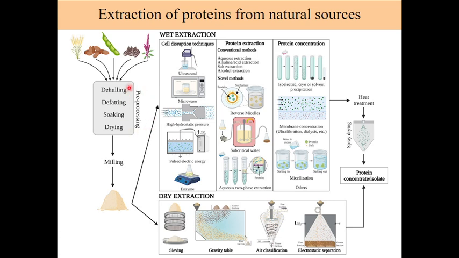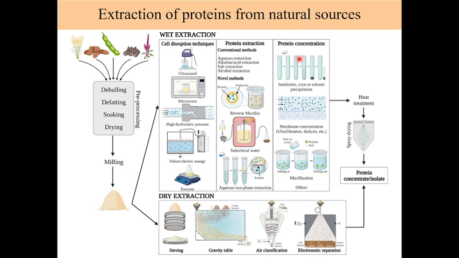This is called pre-processing, where it is soaked, dried and ground. Then there is wet extraction, where you have cell disruption procedures. Then the protein is extracted using alkaline or acid extraction, then salt extraction, and all of these different kinds of methods are used for the extraction of the protein.